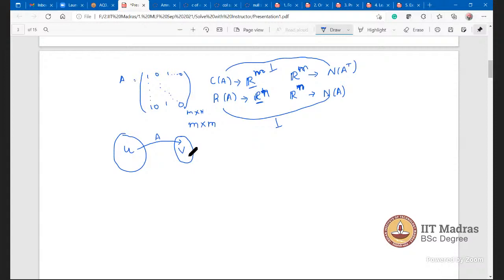Only then will you get a 0 vector. If they are in a perpendicular direction, they cannot belong to that space.